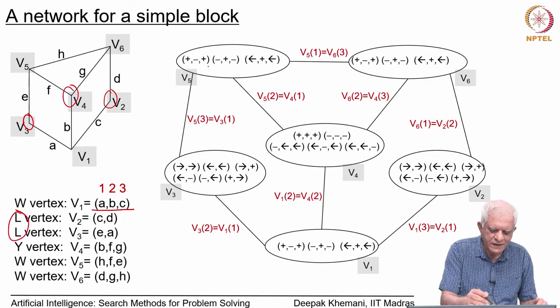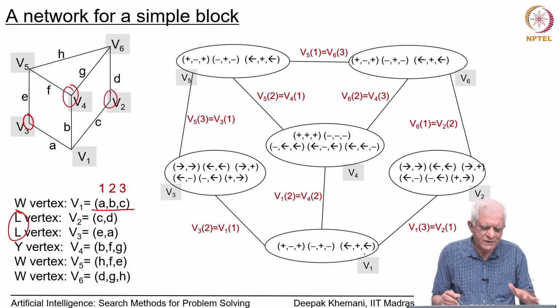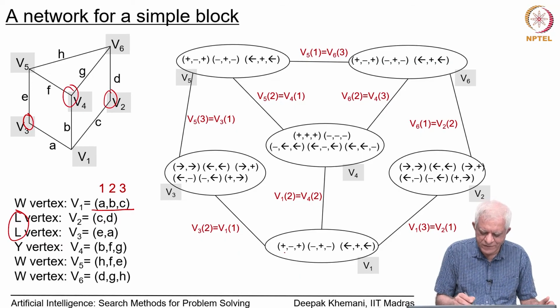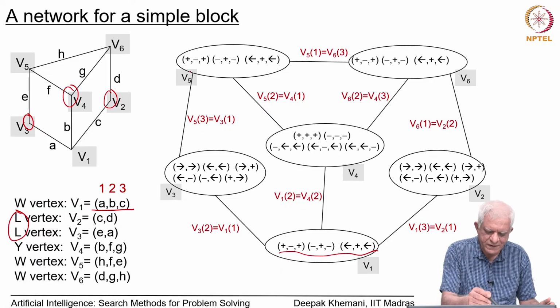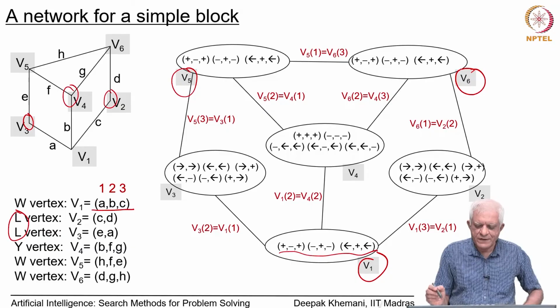So, for example, V5 has 3, V1 also has 3. So, these W vertices have only 3 possibilities, and they are all listed in all the W vertices. There are 3 of them, as you can see, V5, V1 and V6.